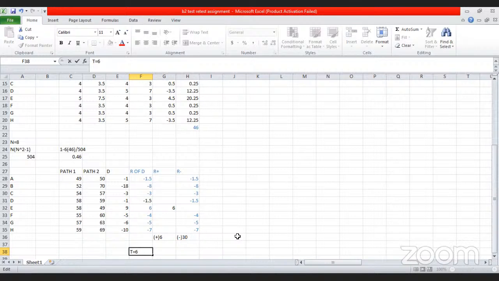Check for the 0.05 level, and tell me. What is the score for n equal to 8 at the 0.05 level?